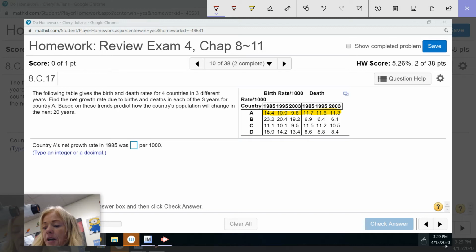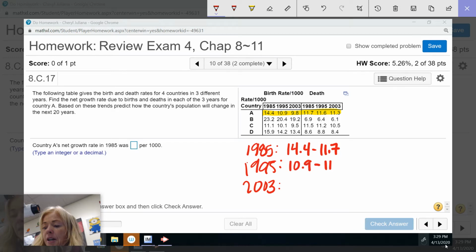So 1985, 1995 and 2003 will have their own little years. So 1985 will be 14.4 minus 11.7. 1995 is 10.9, subtract 11.6. And then 2003 is 9.8, subtract 11.3.